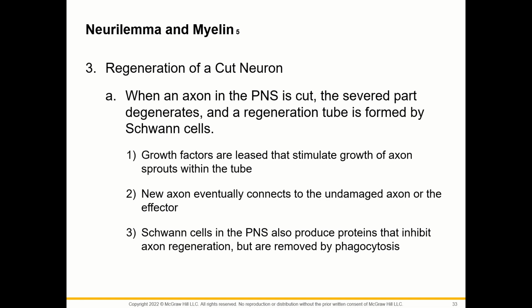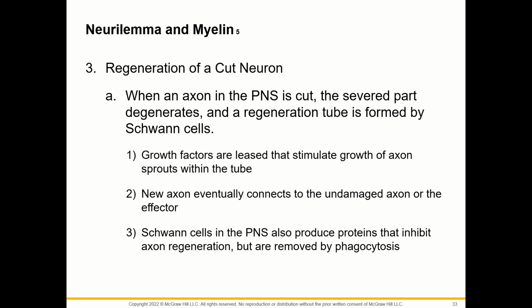The Schwann cells in the peripheral nervous system also produce proteins that inhibit axon regeneration, but they are removed by phagocytosis during that process, so that we do have axon regeneration. And there are a couple of things that are going to affect the ability of regeneration. The cell body has to remain alive.